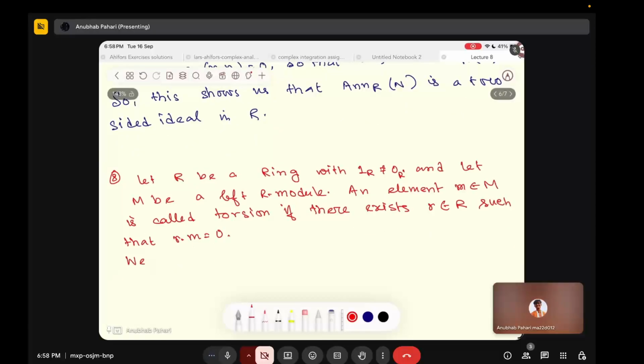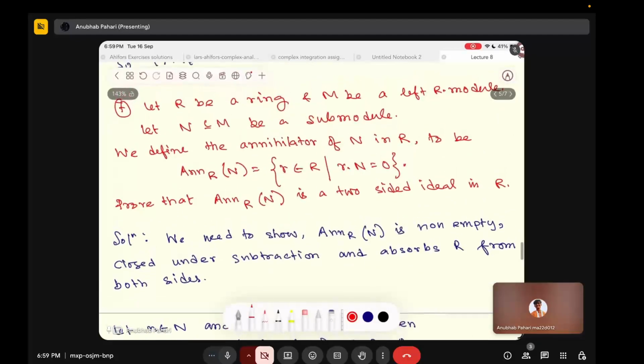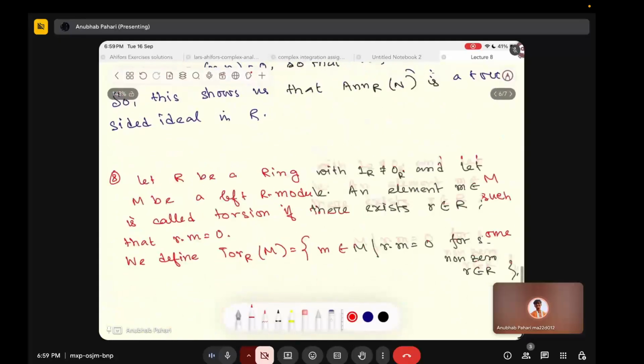We define torsion of M as the elements of M such that r dot m is 0 for some non-zero r of R. So what I am saying is that unlike the previous thing, here the condition is changed.